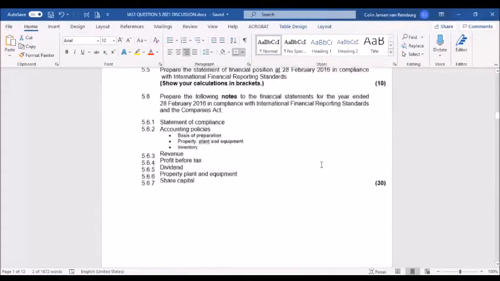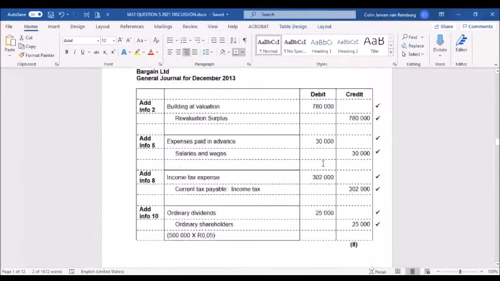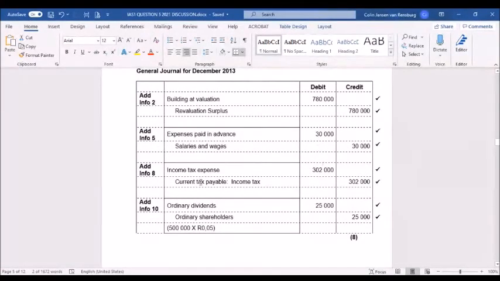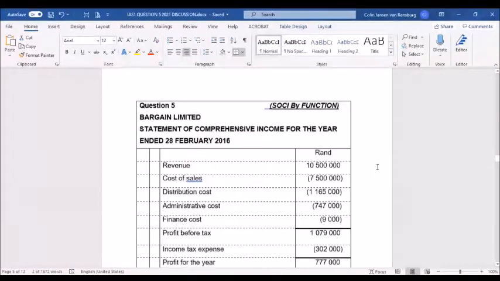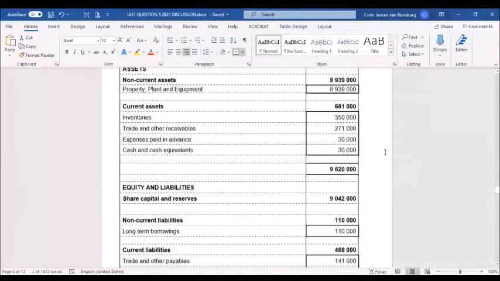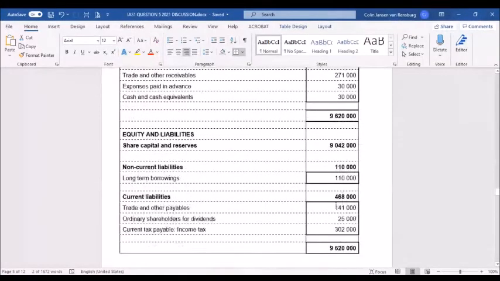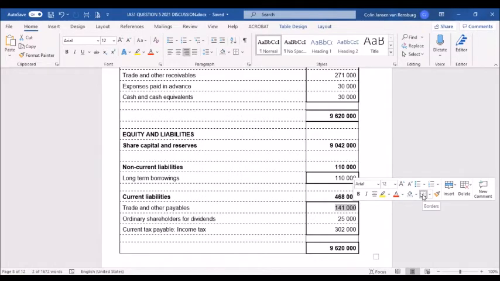Did we make any change to our accounts payable? Let's have a look. No, no change was made. So we can simply go down to our statement of financial position, where we've got our trade and other payables, 141,000. That was the only one that appeared in our trial balance.